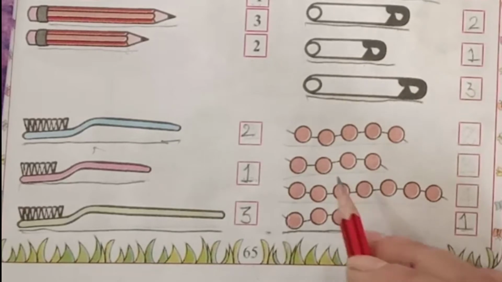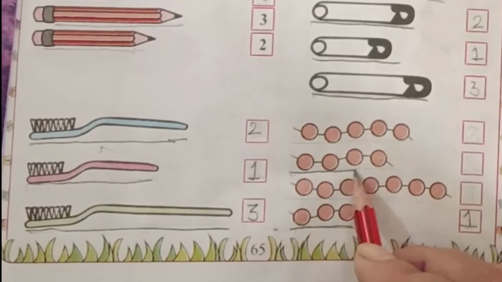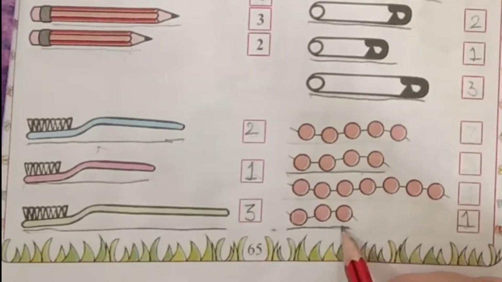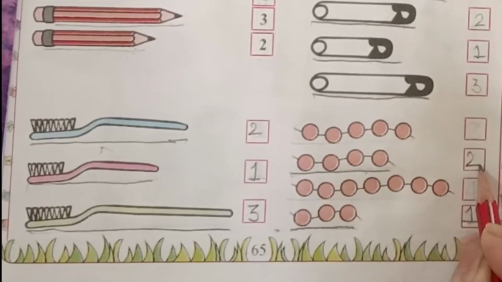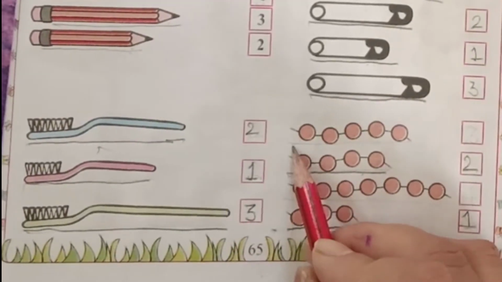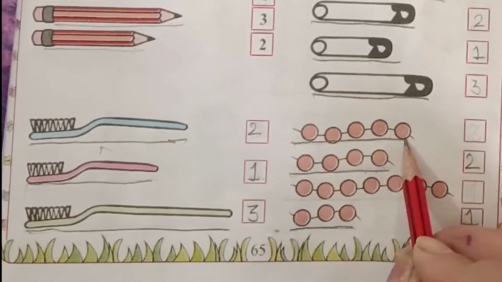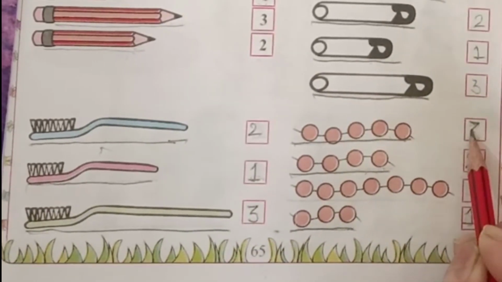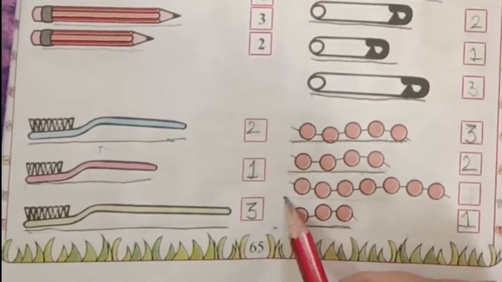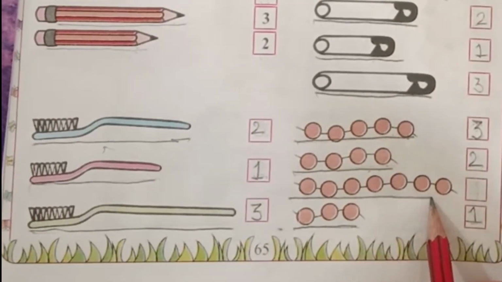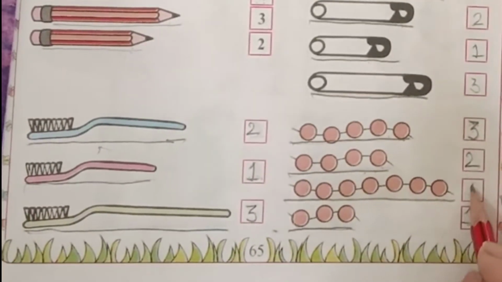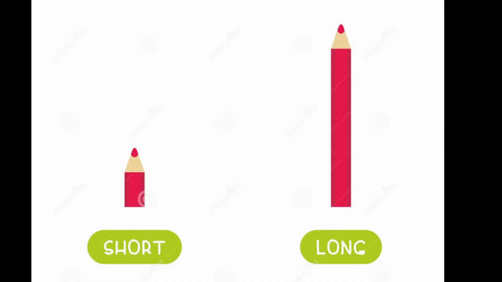Then this one is longer than this. So we write here 2. And then this one is longer than this. So we write here 3. And this string is longest among all strings. So we write here 4.